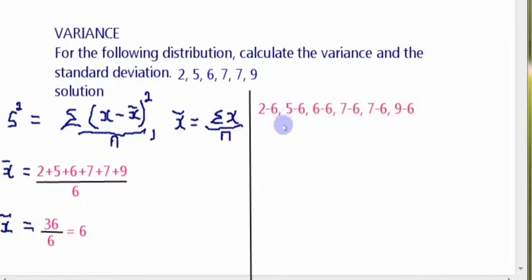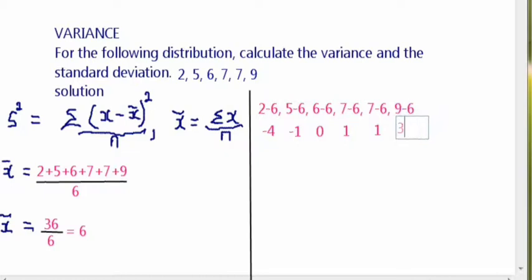So we are done. Next, let's compute them. 2 minus 6 will give us minus 4. 5 minus 6 is minus 1. 6 minus 6 is 0. 6 minus 6 is 0. 7 minus 6 is 1. 7 minus 6 again is 1. 9 minus 6 is 3.